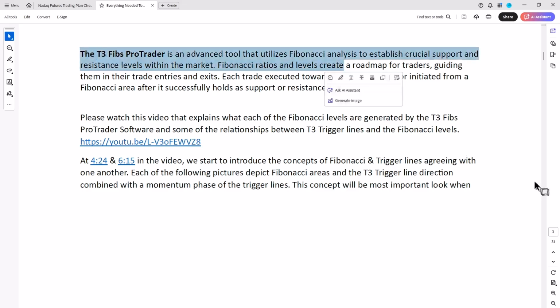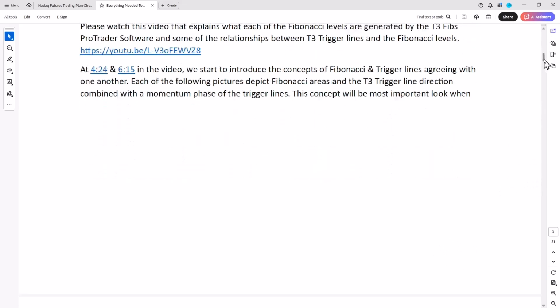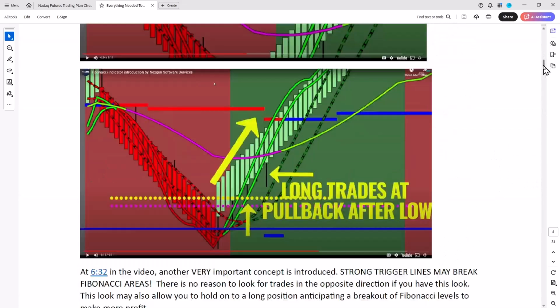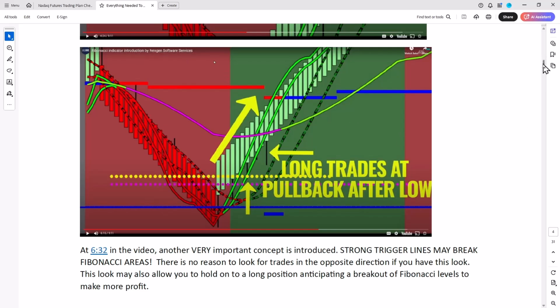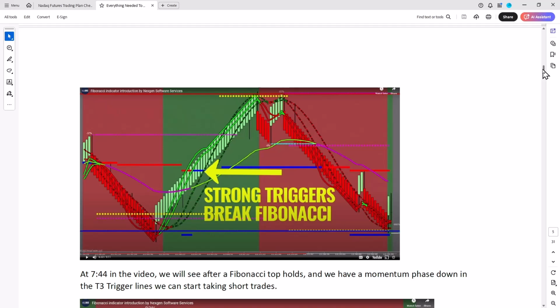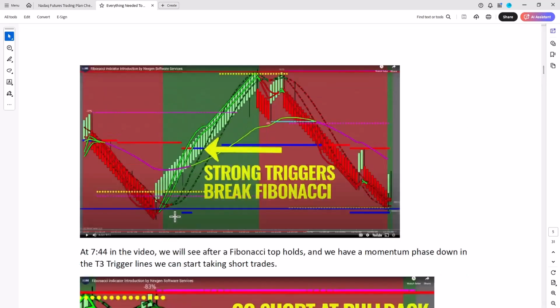Now, our pro trader obviously is going to generate support and resistance. And again, you can watch the indicator introduction in the user guide for an explanation of all the lines, so I'm not going to do it here. There are a lot of key concepts, so I should be careful with how I say it.